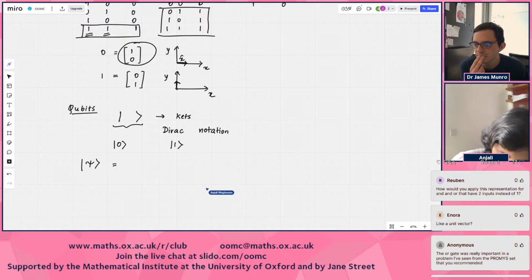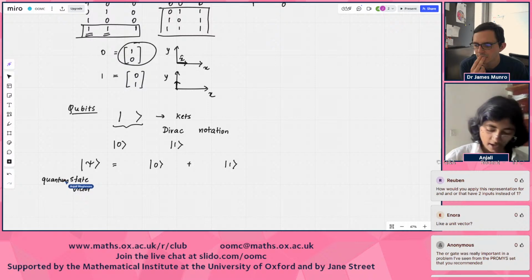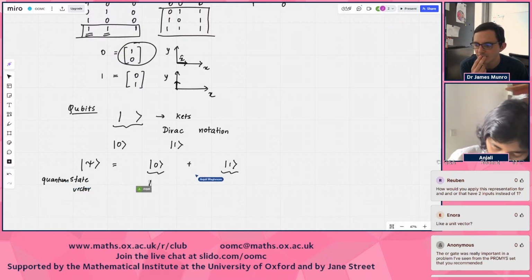So you could have both 0 and 1 as one state. So this is the quantum state vector. And these are your basis vectors.